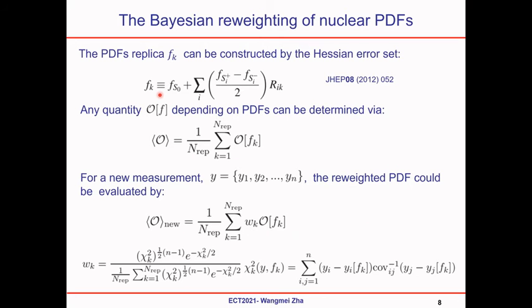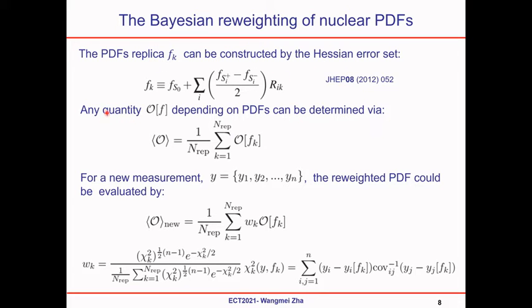So how can we put this measurement in the PDF set? We can use a method called Bayesian reweighting. For the Bayesian reweighting, if we take, for example, EPPS16 or nCTEQ15 as a baseline, we can construct PDF replicas from its Hessian error set.